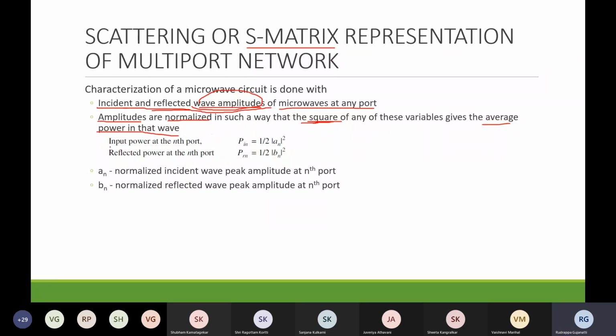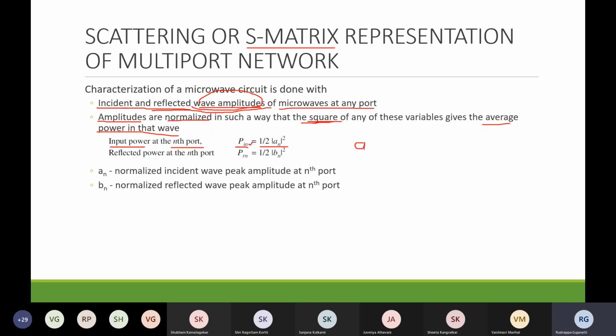If I consider the input power at the nth port and represent it with P_in, N identifies the nth port and the subscript in identifies the input at that port. It is equal to half of the magnitude square of the incident wave amplitude.